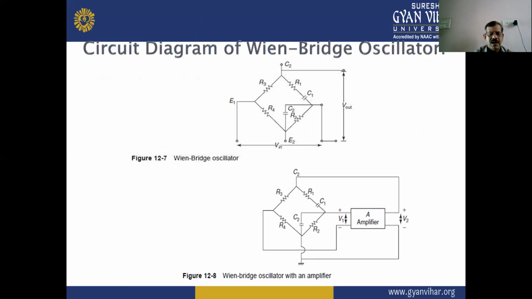The next type of oscillator is the Wien bridge oscillator, and this is the circuit diagram of the Wien bridge oscillator. The first one is the Wien bridge oscillator, and the second diagram shows the Wien bridge oscillator with an amplifier.